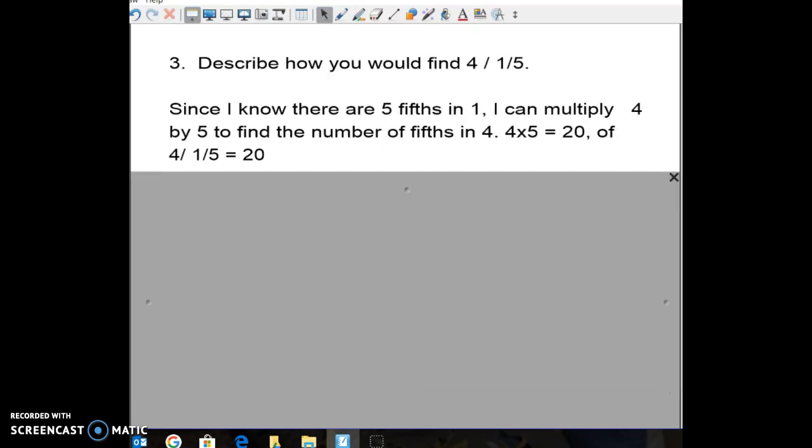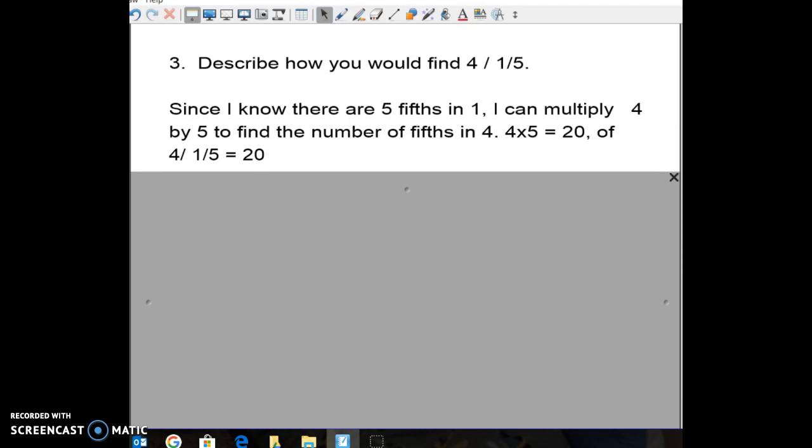Okay, let's look at number 3. It says, describe how you would find 4 divided by 1/5. That little angled line, that little backslash, can mean 1/5. Since I know there are 5 fifths in 1, I can multiply 4 by 5 to find the number of fifths in 4.